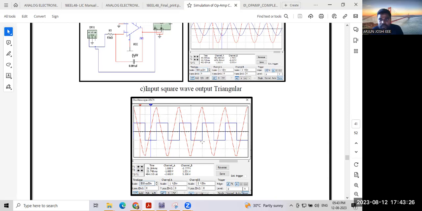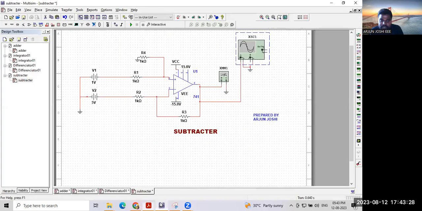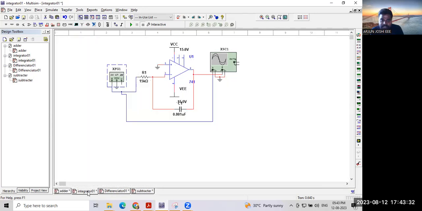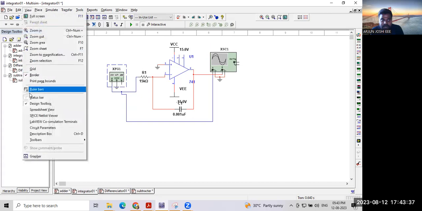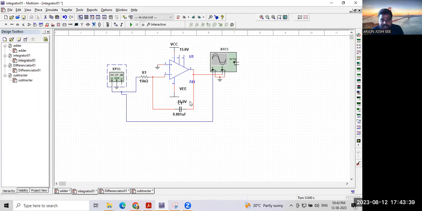How will this circuit work in simulation? How should we simulate it in the MULTISIM platform? Let's understand, very simple. All the components are already placed, and I've applied the grid.